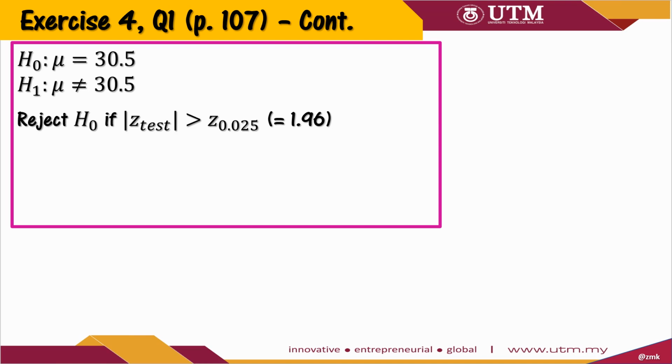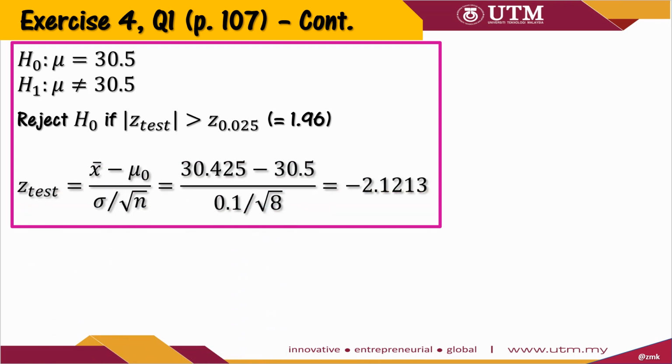Now we need to calculate the test statistic, which is z-test, defined by the sample mean x bar minus the value of mu under H0, that is 30.5, divided by the known sigma 0.1 over the square root of the sample size 8. Here we do not use the sample standard deviation S in the formula, although we can get its value from the calculator.